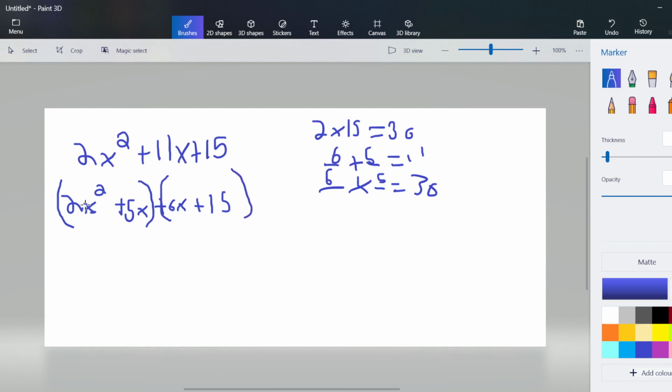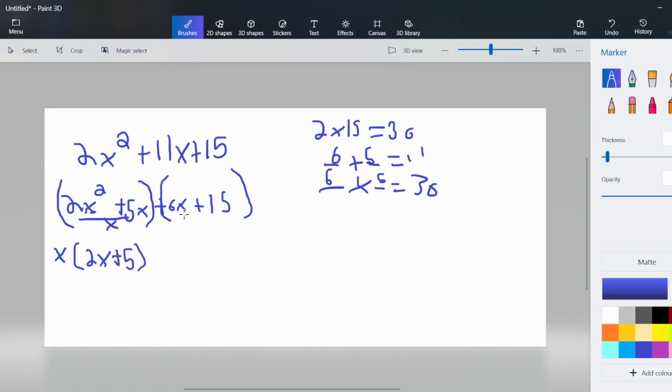So now we're going to first look at this first bracket and take out our common terms, right? We want to simplify it, right? So we see it's 2x squared plus 5x. The only common term here would be x. So we can divide by x, which would mean put x on the outside. And now this would be 2x plus 5.